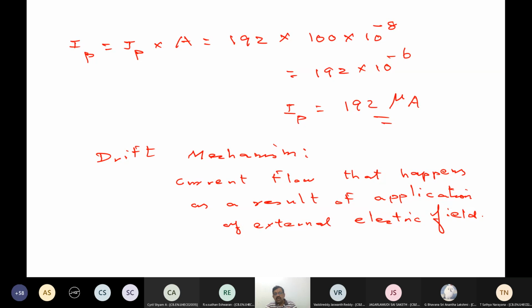So again, here also we come across a constant that tells how the charge carrier will move.